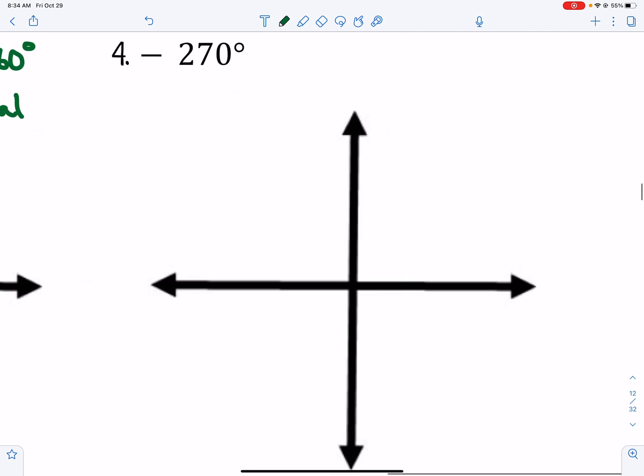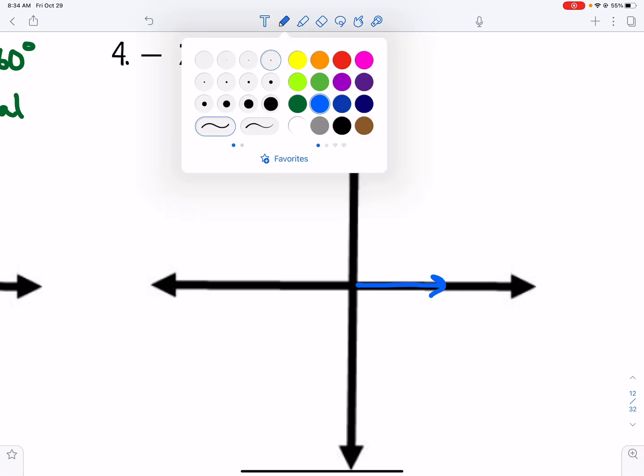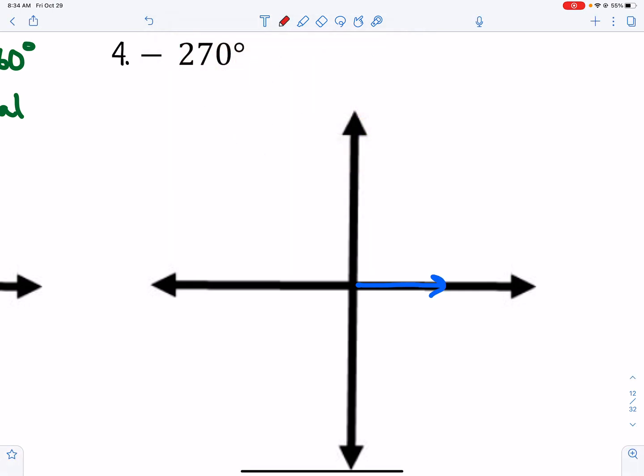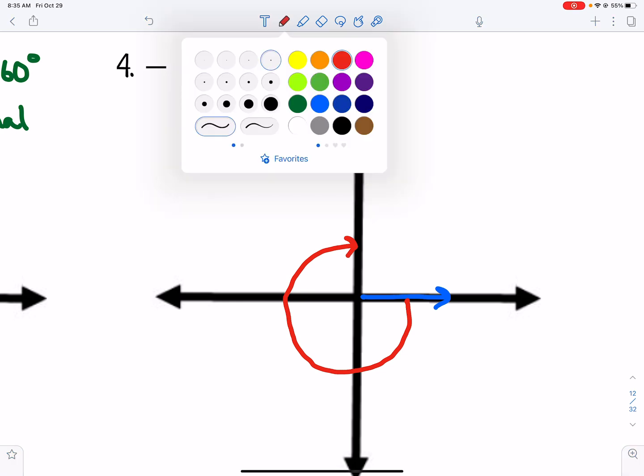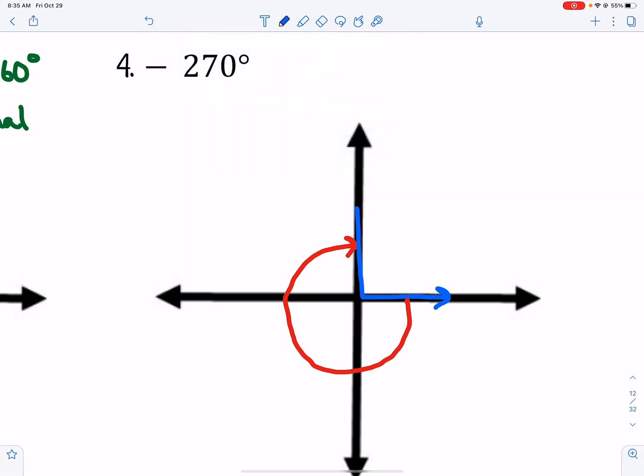Negative 270 degrees. So draw your initial side, but then we're going to go negative 270. So 270 divided by 90 would be 3. So think about 3 quadrants. So we go negative 90, negative 180, and negative 270 would be right there because we had to go 3 quadrants in the negative direction.